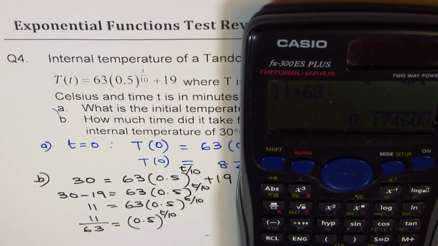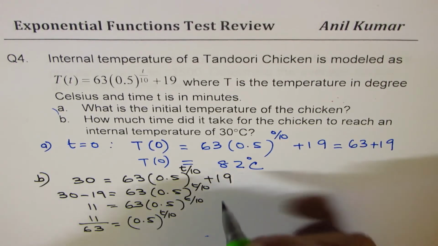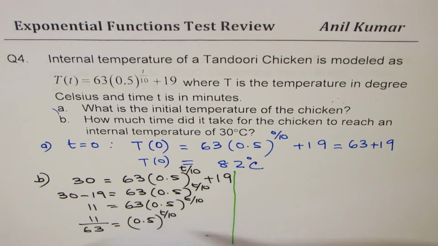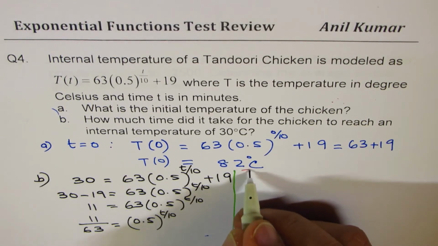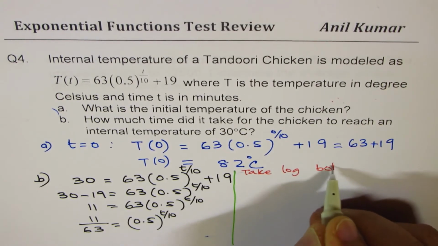Okay, let's keep it 11 over 63. How do you find time from here? That's a huge problem, right? Some of you might know about it. We will use logarithmic functions to find this answer. The concept is like this: the steps are, take log both sides.